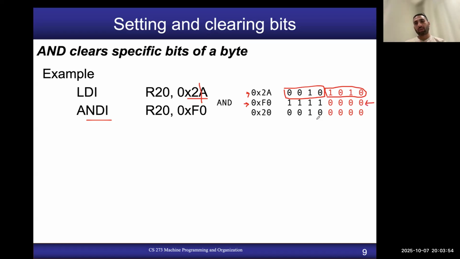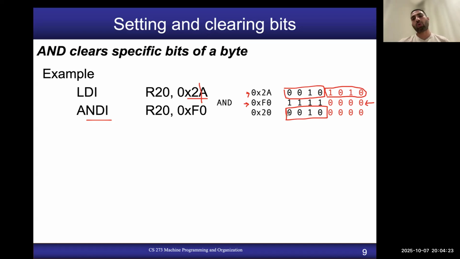So now when you do the AND operation, in the result the 4 most significant bits are untouched, and the least significant 4 bits are set equal to 0, right? This is known as masking because you are applying a mask and saying, I want to set these specific bits equal to 0 and I don't want to touch the bits at the other positions.